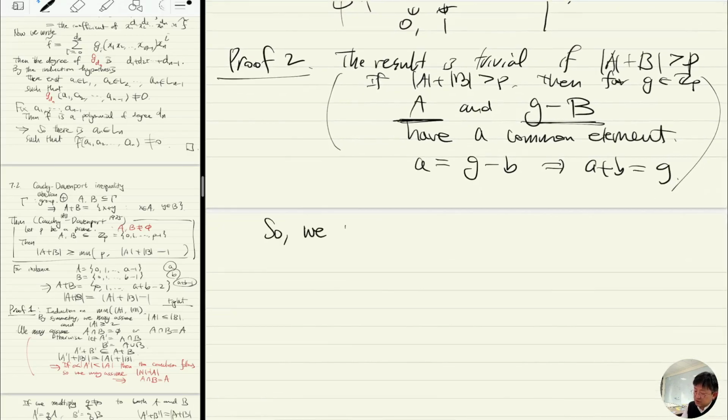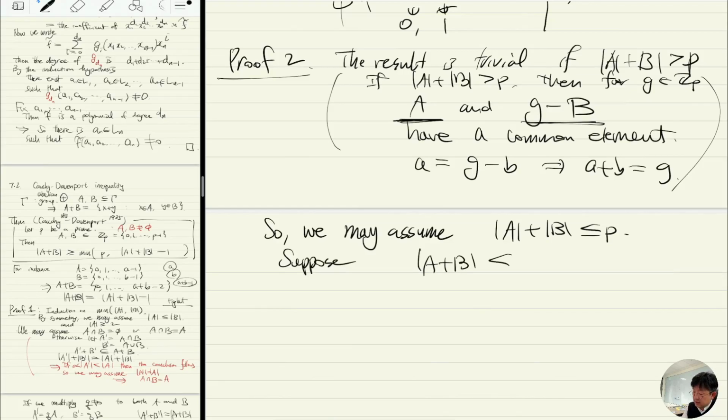So we may assume |A| plus |B| is less than or equal to p. And suppose |A plus B| is less than or equal to |A| plus |B| minus 2. Right.